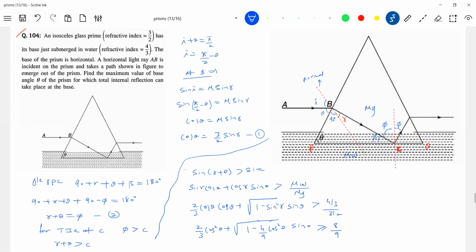Cos square theta is there, so sine theta again we can write as 1 minus... can anybody simplify this? Okay, I'll try it.